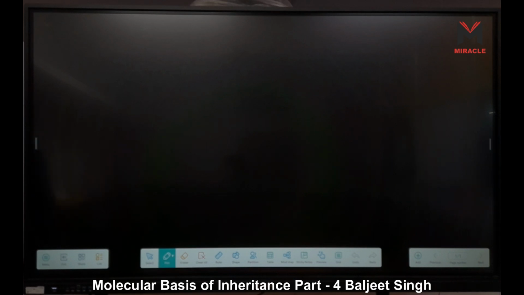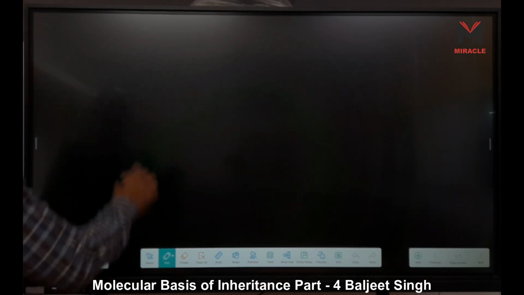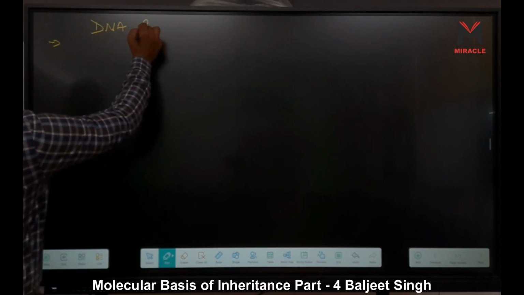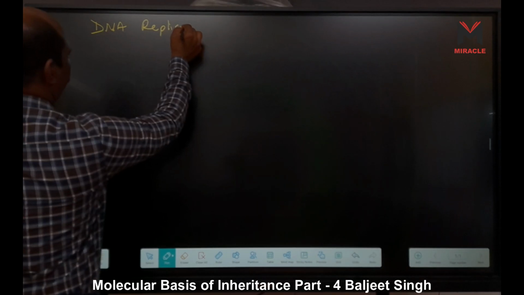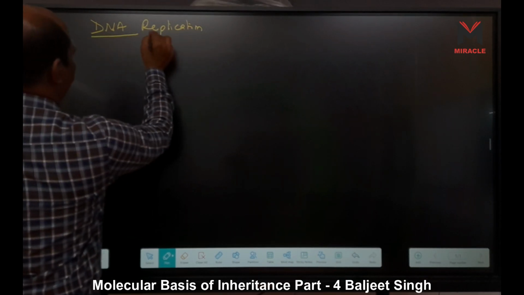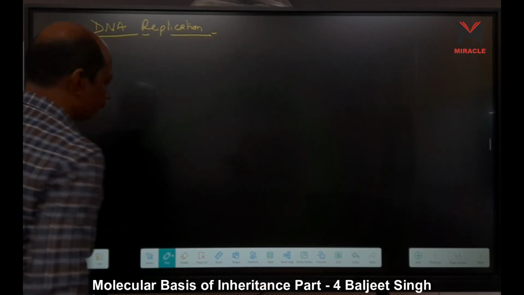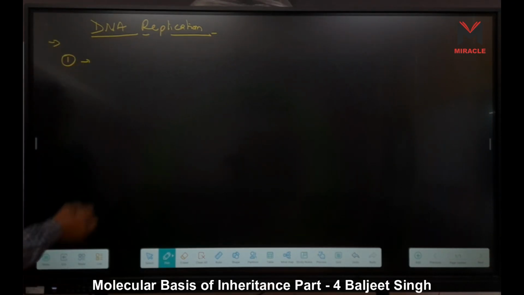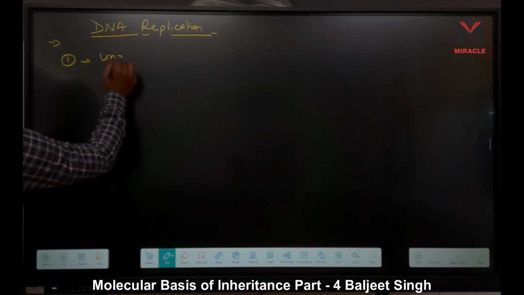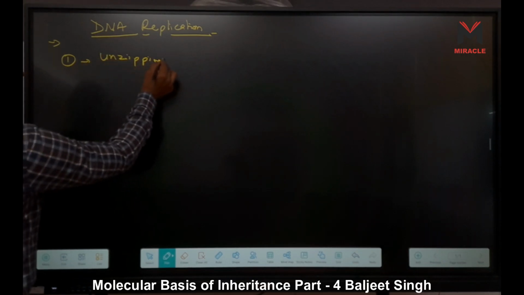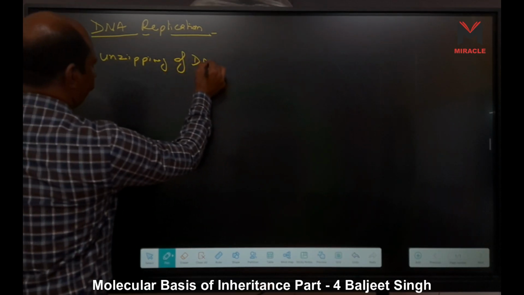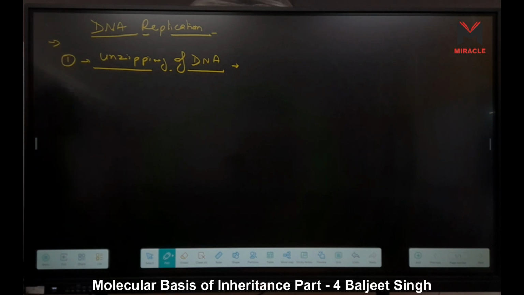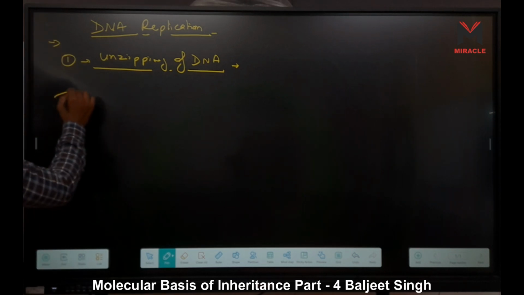The first process which happens here is the unzipping process. Following steps: unzipping of DNA. Unzipping means a DNA strand gets opened.